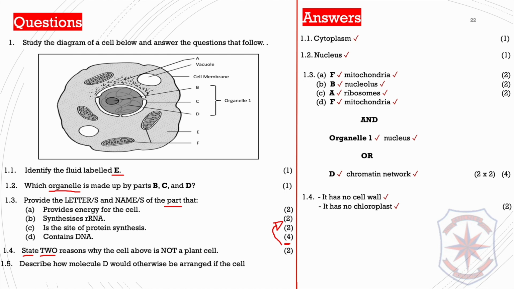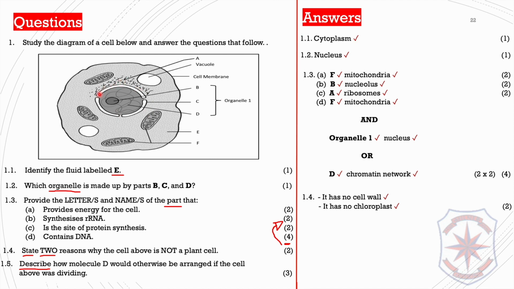The following question says, describe how molecule D, we said it's DNA or genetic material, would otherwise be arranged if the cell above was dividing. This cell is not dividing. Why?